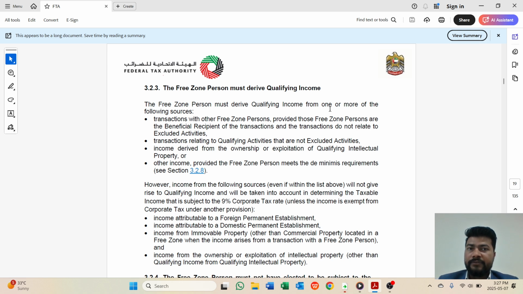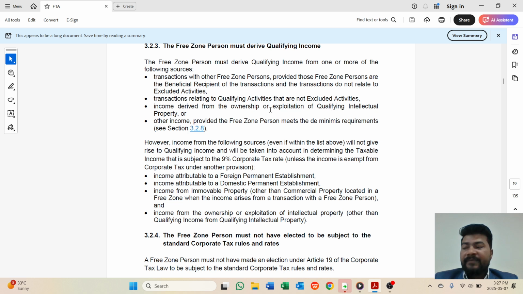Another case: suppose I am a free zone person and I am dealing with a non-free zone person. In that case, the activities should be qualifying activities. So if I am dealing with a non-free zone person, the income derived from qualifying activities will only be classified as qualifying income. Otherwise, it will be classified as non-qualifying income.